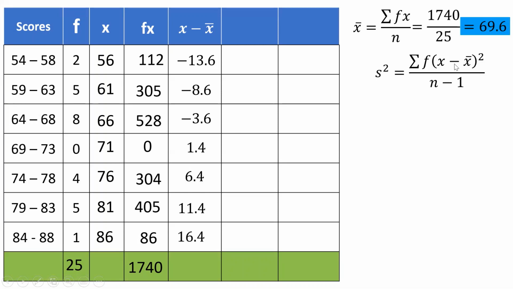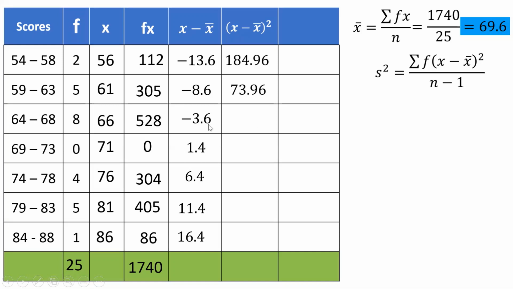Now, next in the formula, we need to square the x minus the mean. So just multiply negative 13.6 by itself. That is negative 13.6 squared is 184.96. Negative 8.6 squared, that is 73.96.